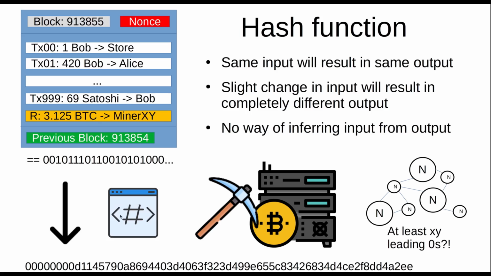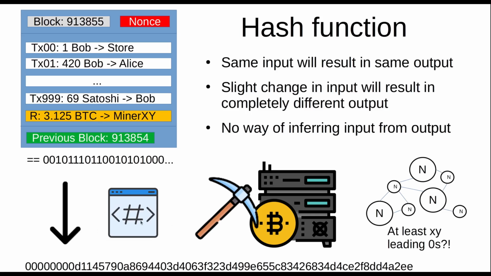And for the hash function that Bitcoin uses, the SHA-256 algorithm is used, and this algorithm always outputs a sequence of 256 bits. And since we now display the output here in hexadecimal, every digit that you see represents 4 bits, and so the output here is 64 digits long, representing 256 bits.